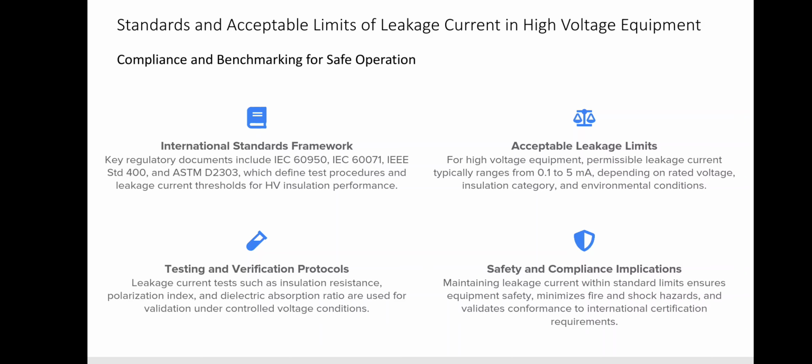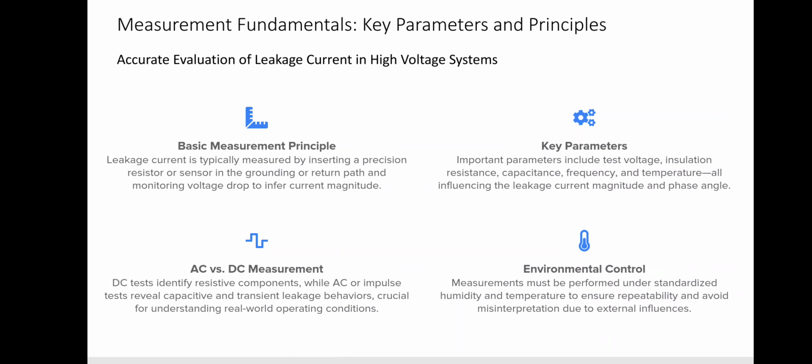Standards and acceptable limits of leakage current in high voltage equipment: international standards framework, acceptable leakage limits, safety and compliance implications, testing and verification protocols.